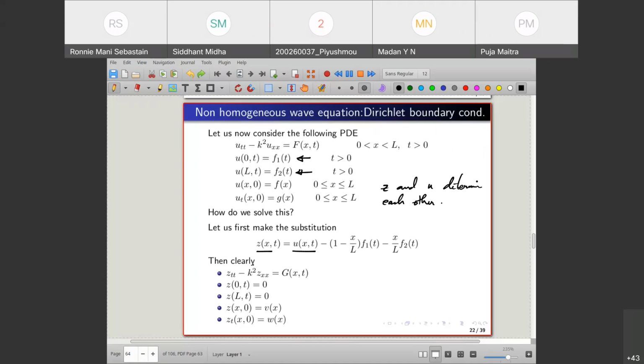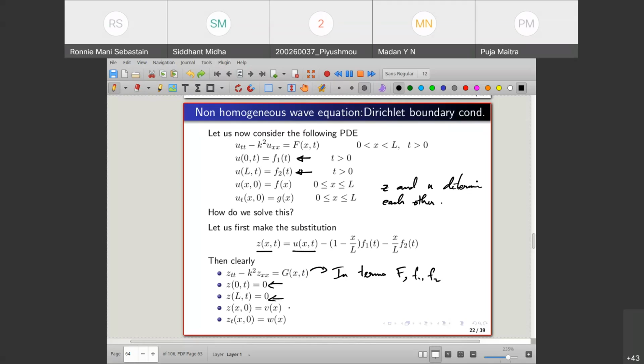But then, of course, z is going to satisfy a different differential equation. Here g(x,t) will be some function in terms of f, f1, f2. And z satisfies these conditions: z(0,t) is 0, z(L,t) is 0. These hold by construction, almost by our definition of z.